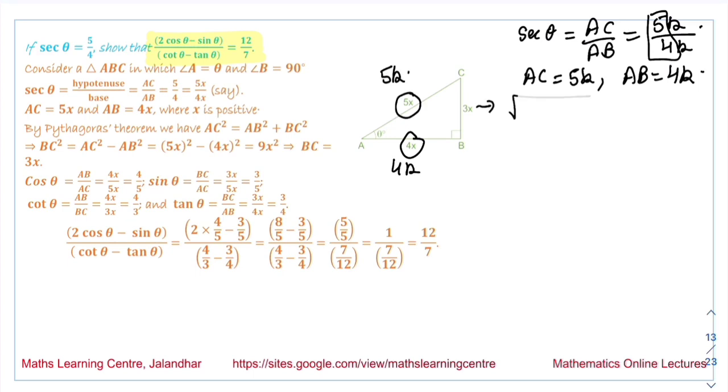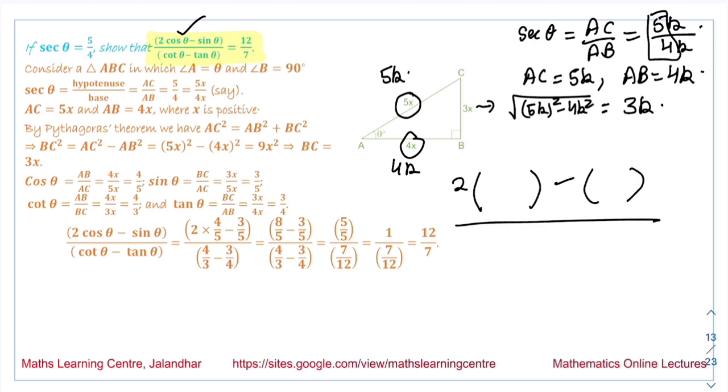So the value of BC is square root of 5k squared minus 4k squared, and the answer we get is 3k. So the value we now want to calculate is 2 into cos theta minus sin theta over cot theta minus tan theta. What is the value of cos theta?